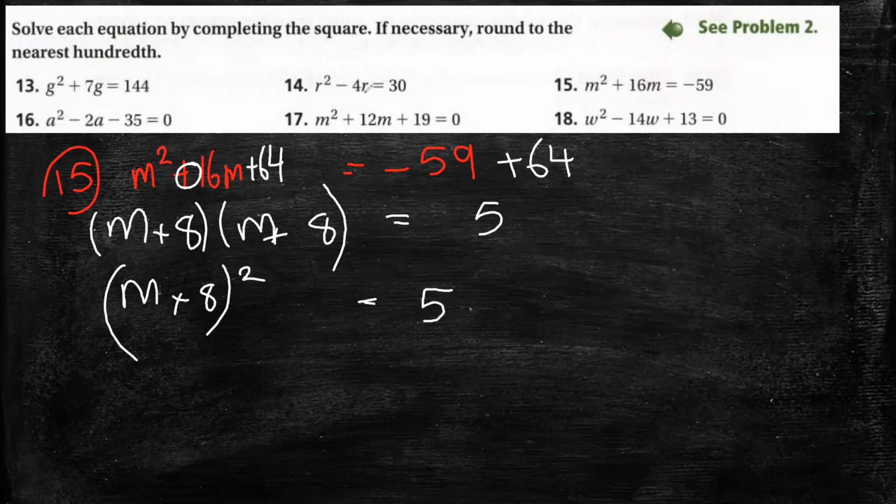Now this is m plus 8 squared. To cancel the squared, what do we have to do? How can I cancel the square? By what? The square root.